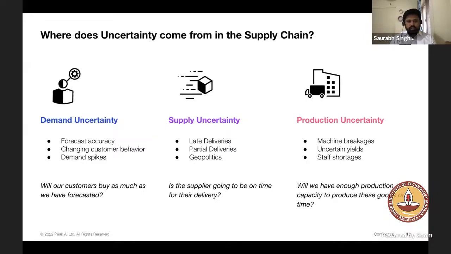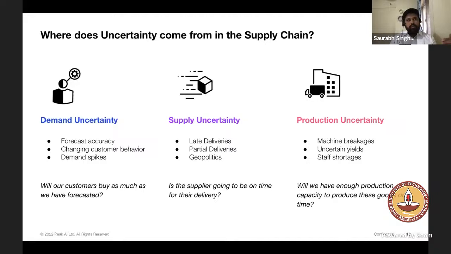So what is demand uncertainty? You don't know how much demand is going to come in future, right? You are not sure about your forecast accuracy. There may be a change in consumer behavior which can lead to the obsolescence of a particular product, right?